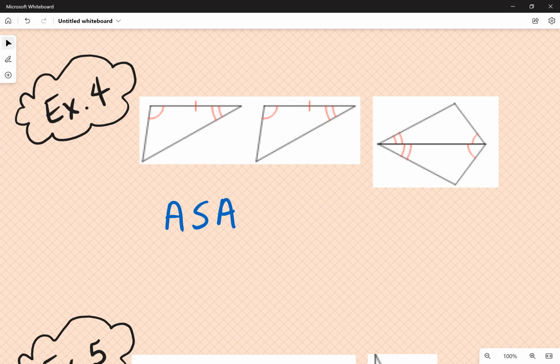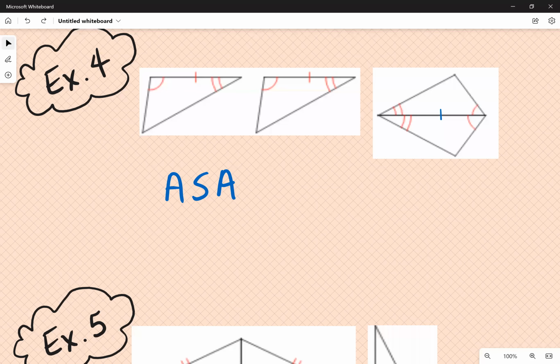Has to be true for both triangles. Looking here, I see a reflexive side, a side that's congruent to itself, and then angle, side, angle, or I could have gone the opposite way. It's still the same thing. And that's going to be in the same angle, side, angle, the same order in my other triangle.